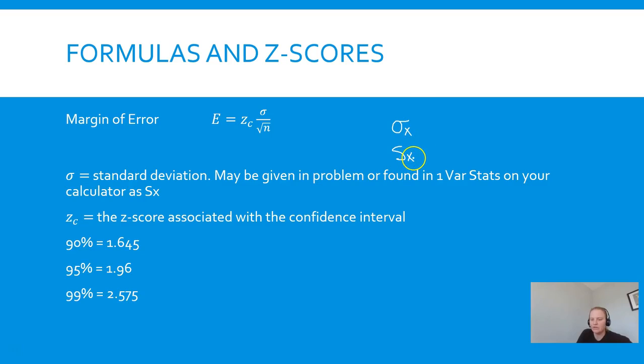If we're using 1-var stats on our calculator, we don't have population data. We have sample data, so we need to use sx. So if the number's not given to you in the problem and you're using your calculator, you need to use the one that says sx. And n is the sample size, just like it was in our last two chapters.